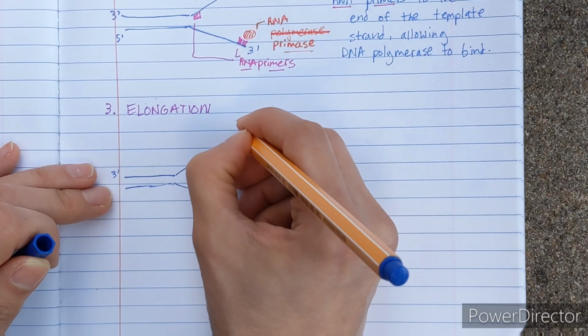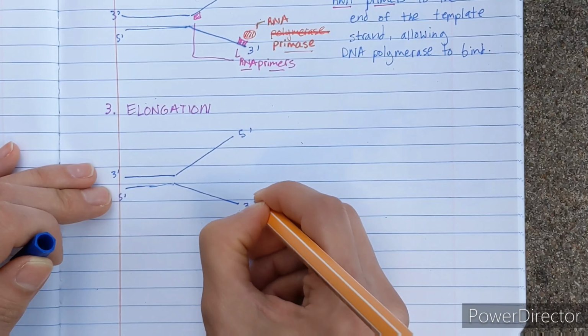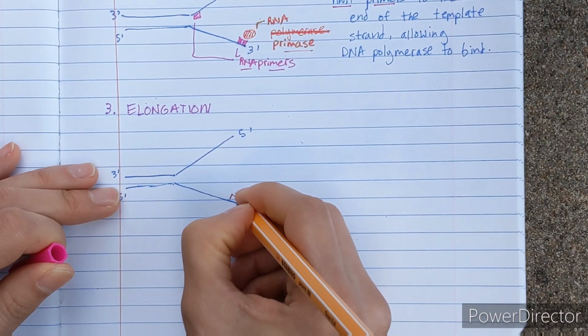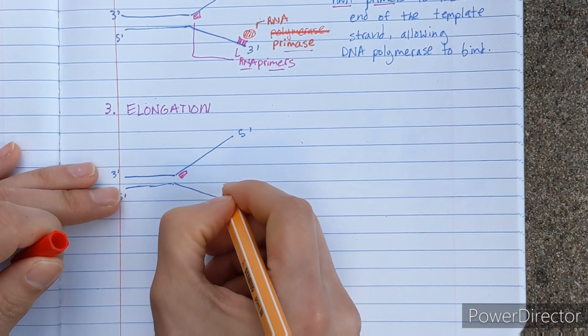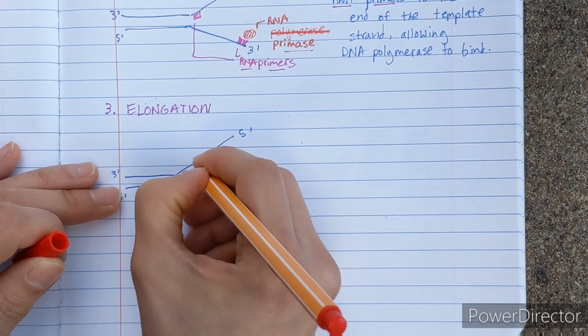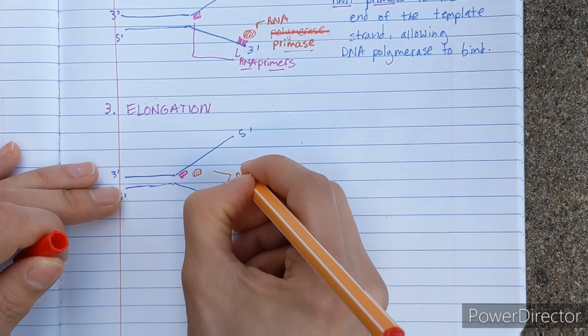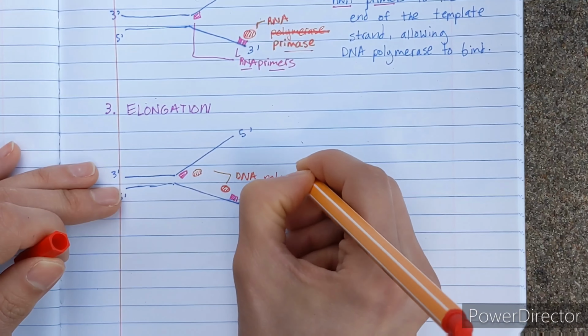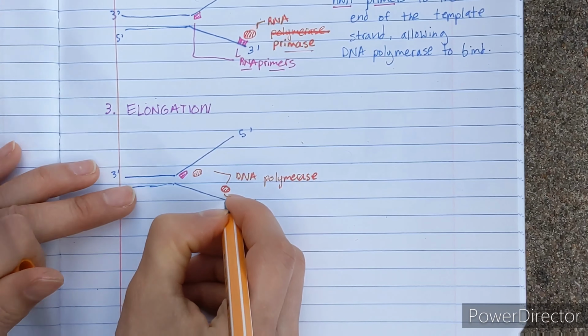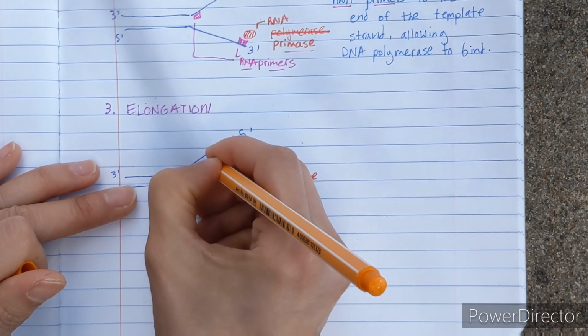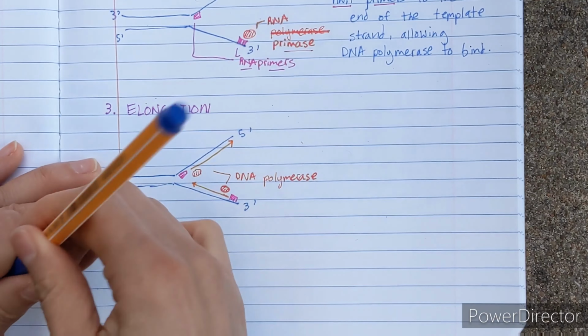Our replication fork stays the same with 3' to 5' anti-parallel. Our main RNA primers are still posted at the 3' ends of the template strand. And then our main enzyme is going to be our DNA polymerase, who adds on complementary DNA bases in the 3' to 5' direction on the template strand.